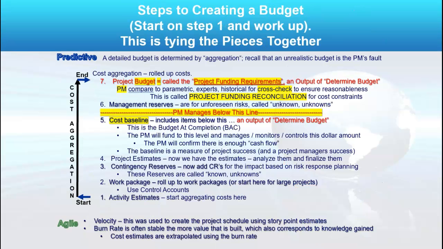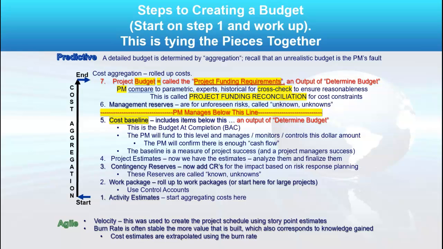So to do this, then I end up with a budget, right? And so in a predictive project, I end up with this kind of 1 through 7. So starting at the bottom and aggregating the costs up or adding them up, right? Project managers often use the term aggregation.